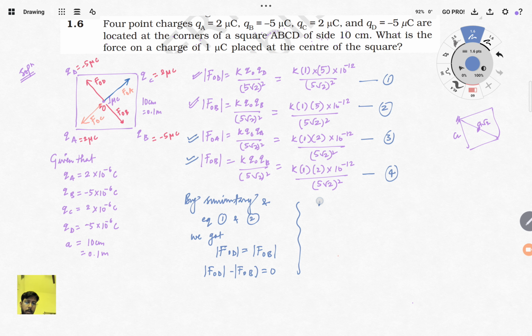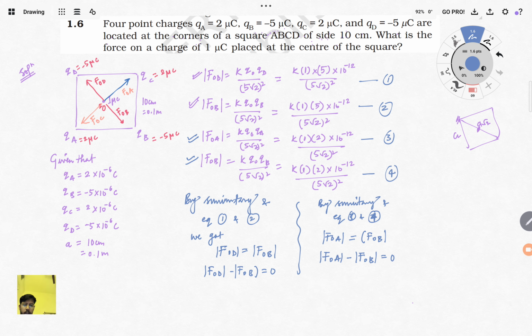And by symmetry and equations 1, 2, 3 and 4, we got FOA magnitude equal to FOB magnitude, so FOA magnitude minus FOB magnitude is equal to 0.